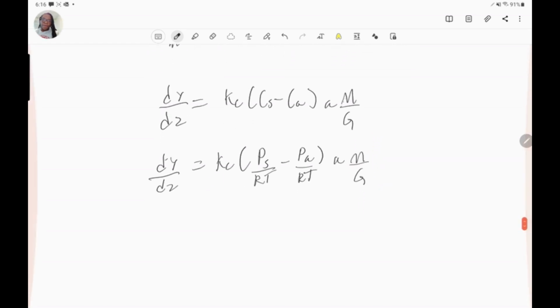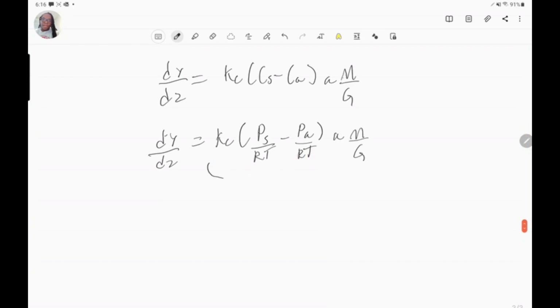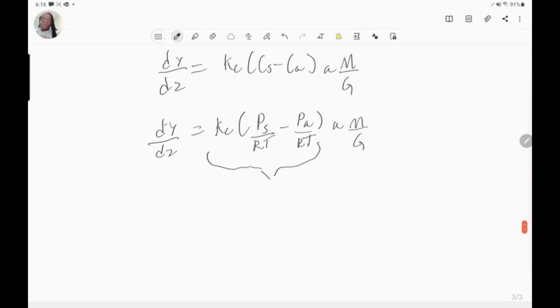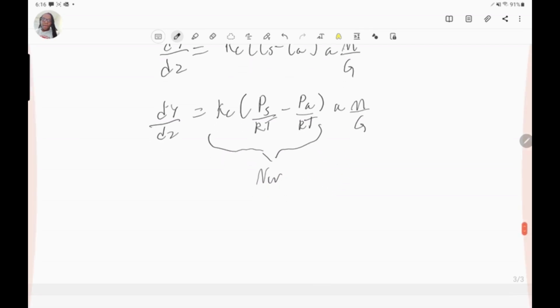And so effectively, this whole portion is going to be equal to the molar, the mole will be equal to our mole flux of water.